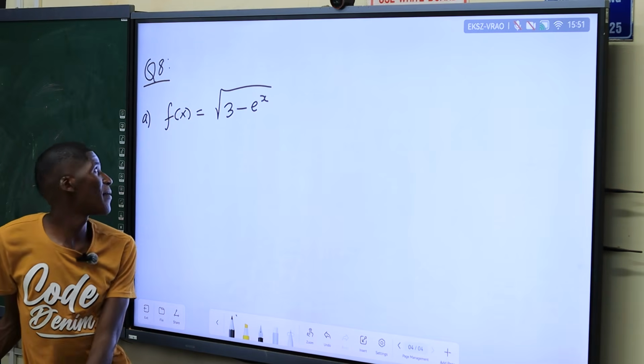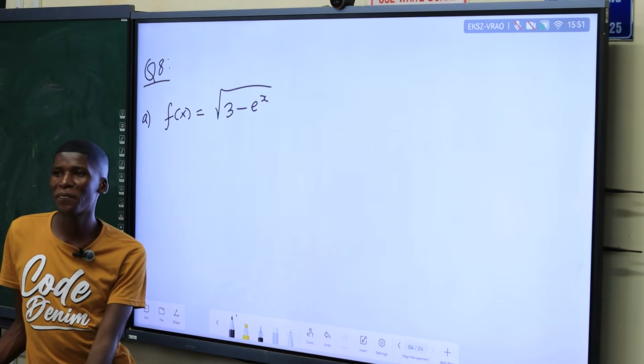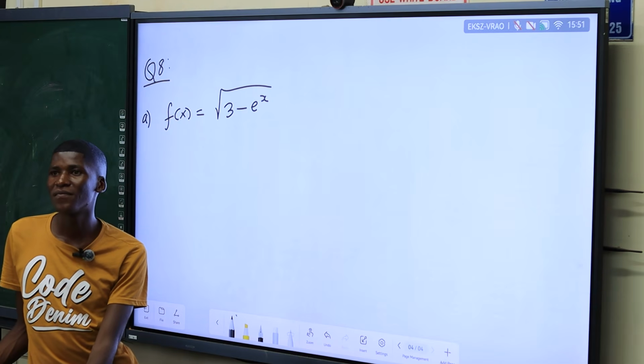How do we find the domain of these functions? What's the first step to find the domain?